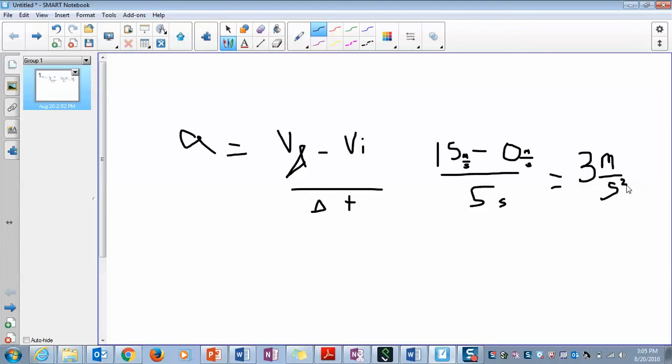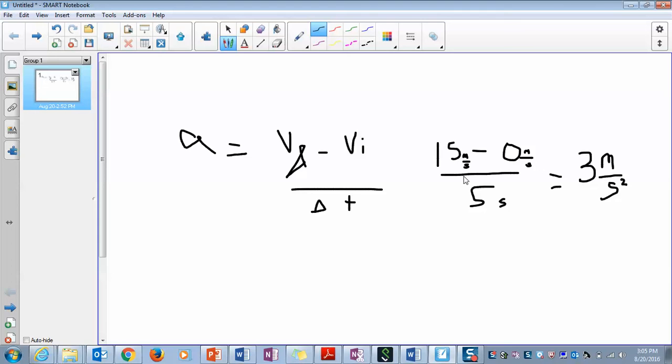So whenever we're talking about acceleration, the unit is going to be the unit of distance divided by the unit of time squared. It's a meters per second squared, or it could be miles per hour squared, because this is how fast it is going, meters per second, every second. So what we're saying is every second the speed increased by 3 meters per second.